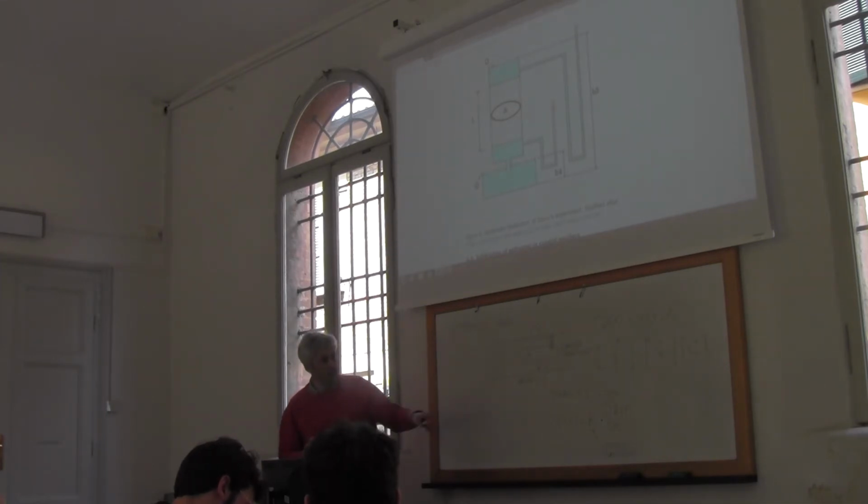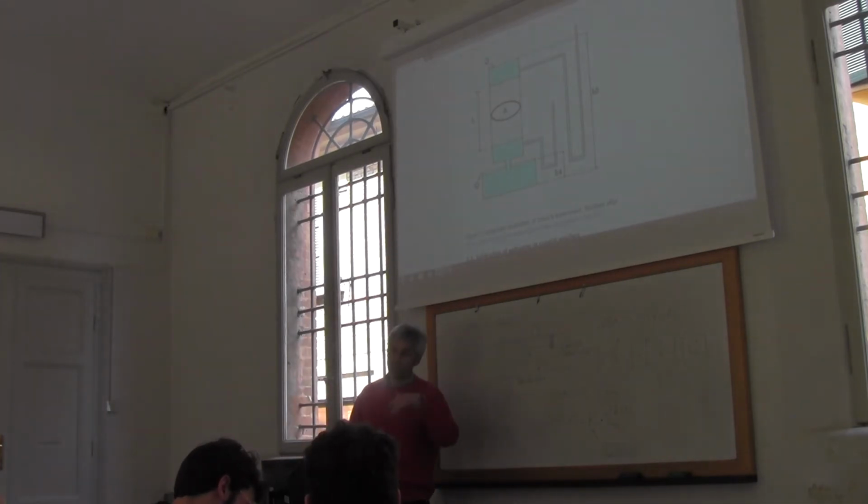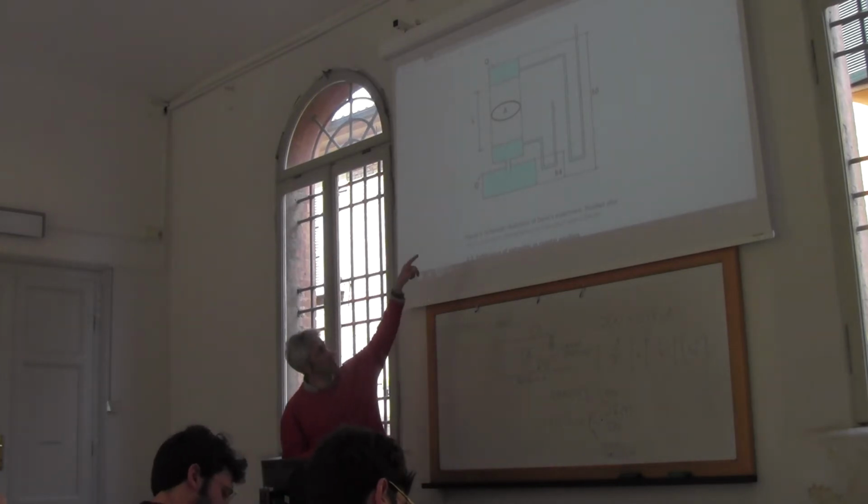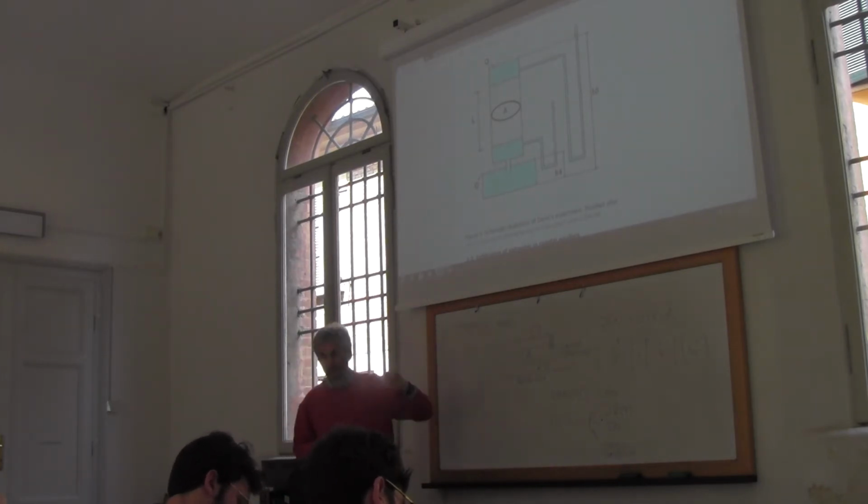Darcy found that kinetic energy is irrelevant because velocity is very low, and therefore the hydraulic head is given by potential energy, which is given by water level, and pressure energy.